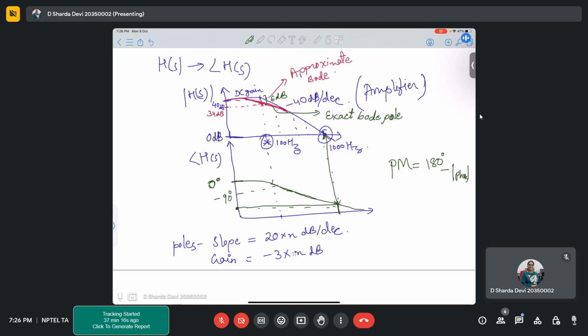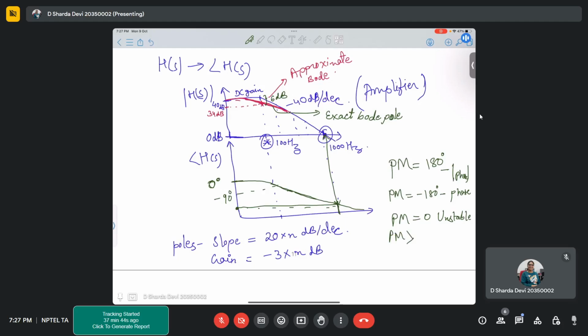Or if you want to use the exact values, you can write minus 180 minus the phase, because the phase will generally be negative. So whatever the phase is, that will be subtracted from 180. And if phase margin is 0, then the system is unstable. Phase margin should always be greater than 0.